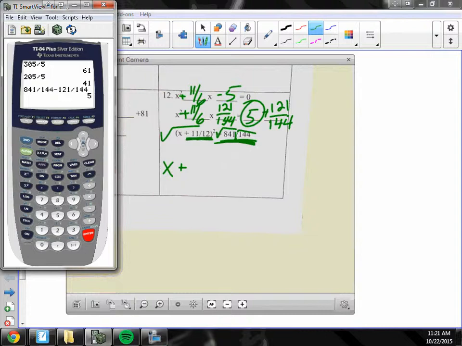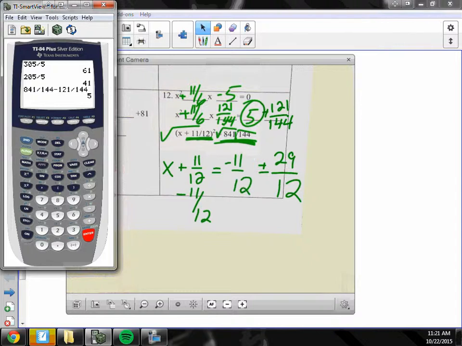So x plus 11/12 equals plus or minus 29 over 12. So I'm going to subtract 11/12. Negative 11/12 plus 29/12 simplifies down to 3/2.